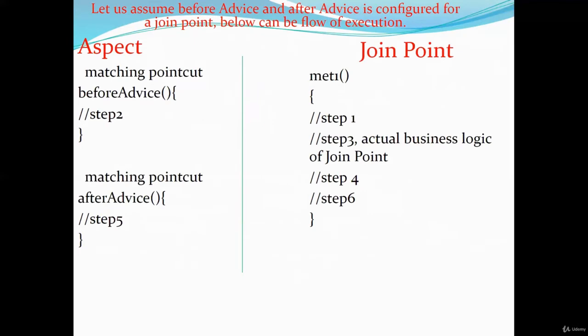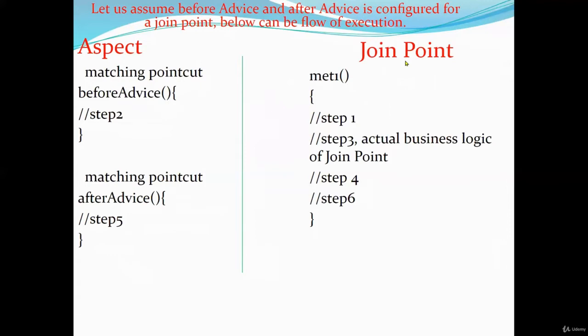Now let me try to show how it works. We have an aspect class. We have the join point. We are yet to see the join point.